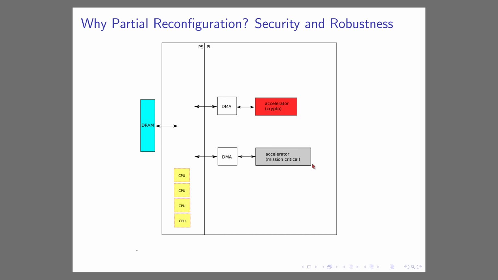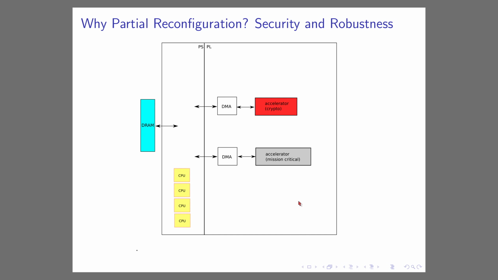Or imagine I have an accelerator, and the sort of calculation that this guy does is extremely important for me. For example, it's controlling, let's say, a medical device, a life supporting medical device, and it's extremely important for me to be sure that it's always operating correctly. It's important for me to know that whatever I have configured, the structure of this programmable logic that I have here doesn't change.